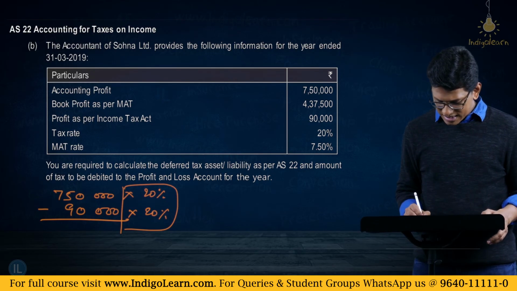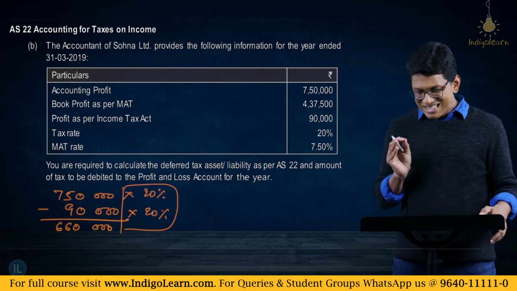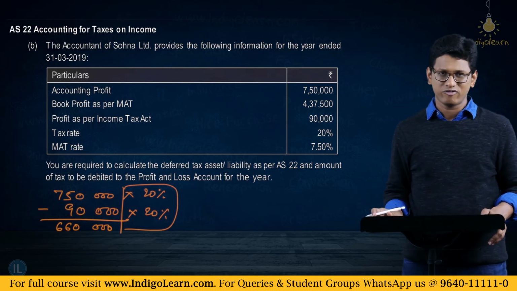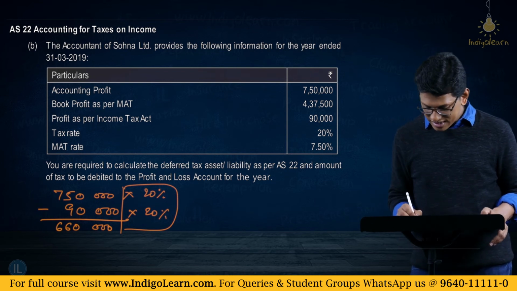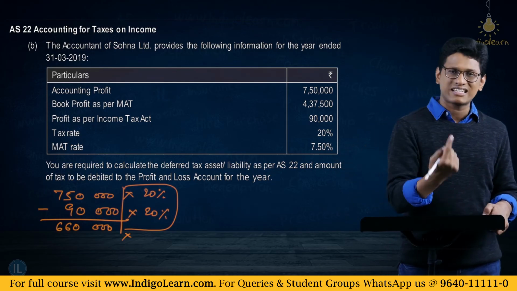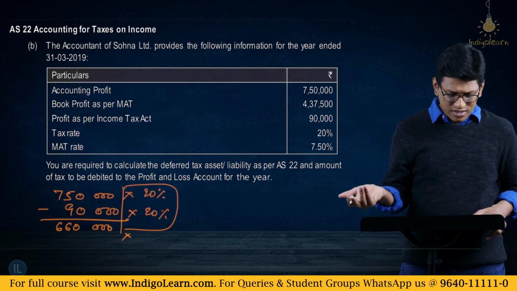This amount is 6,60,000. If 6,60,000 is on account of timing difference, then I will say 6,60,000 into future applicable tax rate. Okay, so what is the future applicable tax rate as per our best estimation?